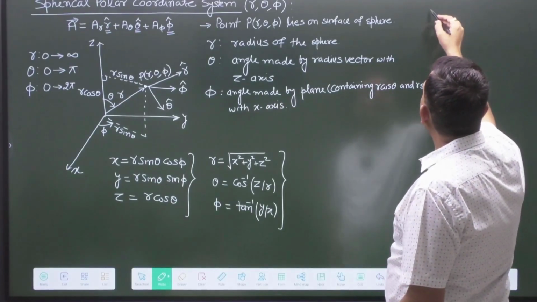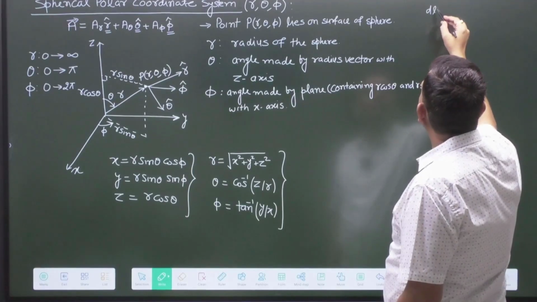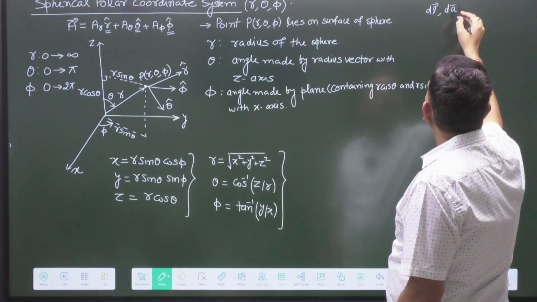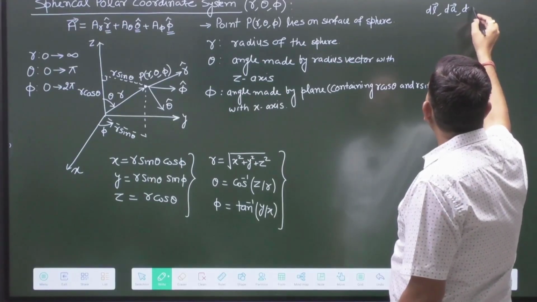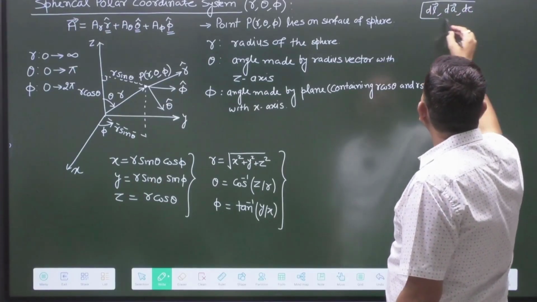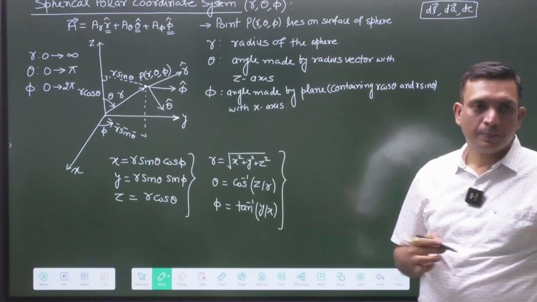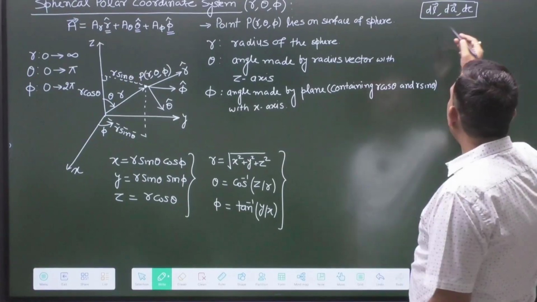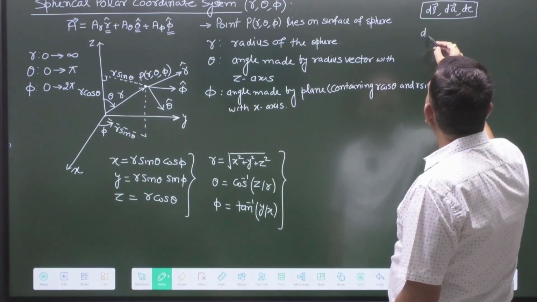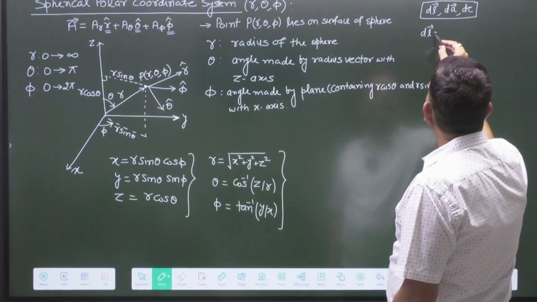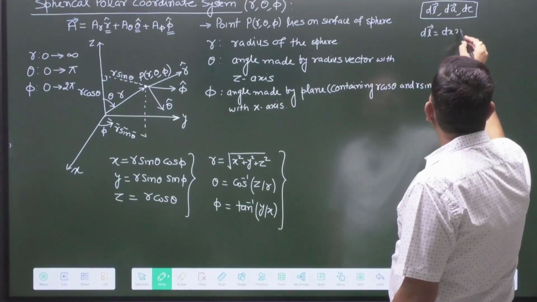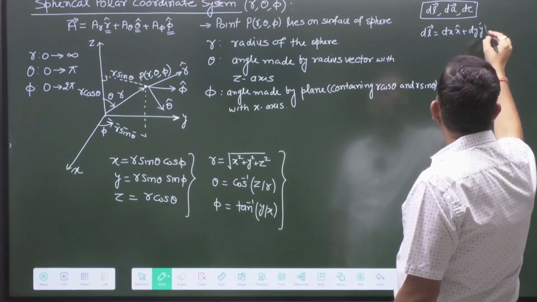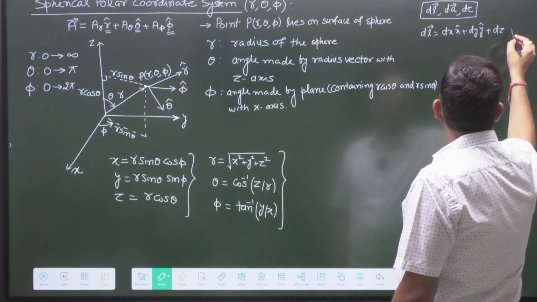Again, we have to see how to write dl, dA and d tau. Same dl, the infinitesimal displacement vector. In Cartesian coordinates, we have seen that dl is given by dx x cap plus dy y cap plus dz z cap.